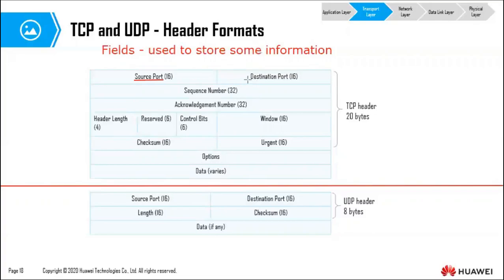Then we have the destination port. Now, the destination port has to be a specific port that we want to go to. Are we together? For example, we said HTTP uses port 80.